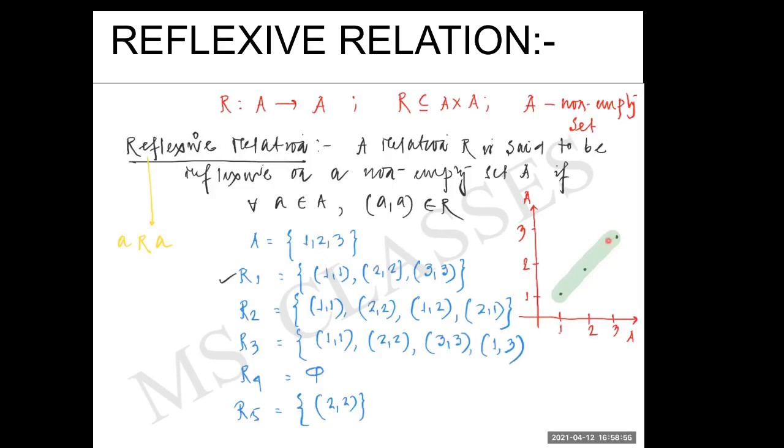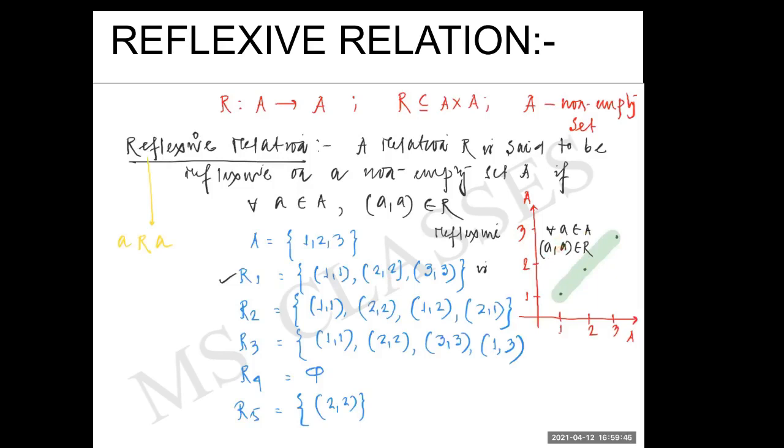All the diagonal elements are present in R1. So R1 is reflexive. Write it down: R1 is reflexive because for all a belongs to A, (a, a) belongs to R. That is the reason R1 is reflexive.